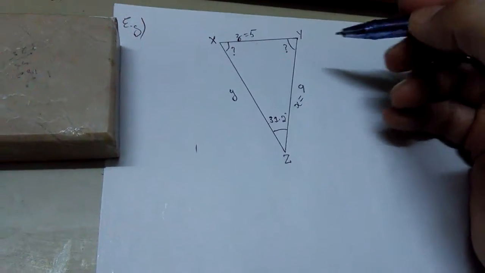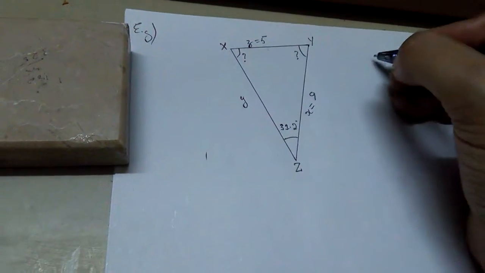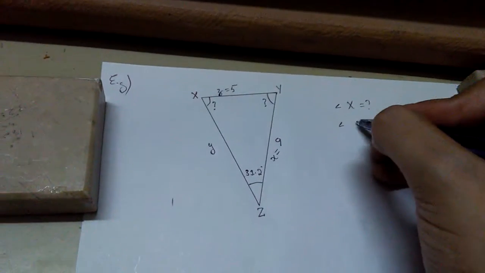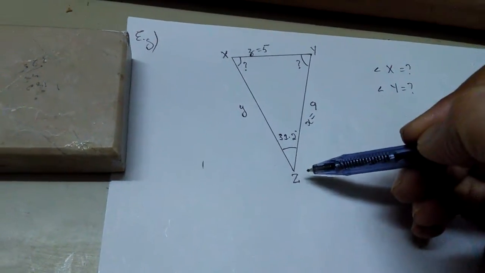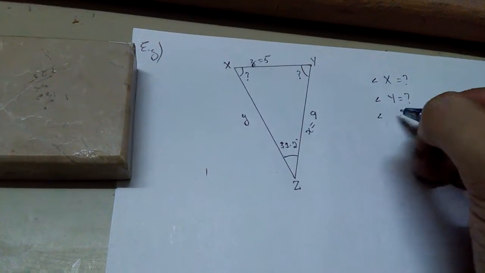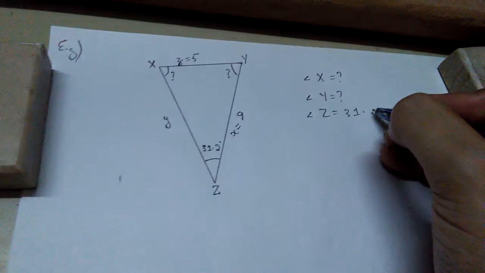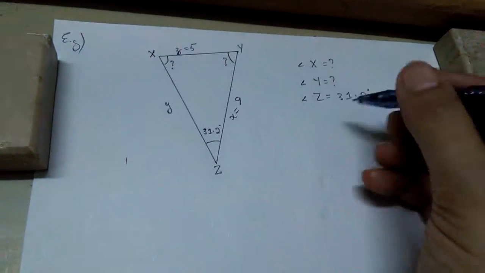Now what I have to find out is angle X and angle Y. Given to me is angle Z, which is 31.2 degrees.